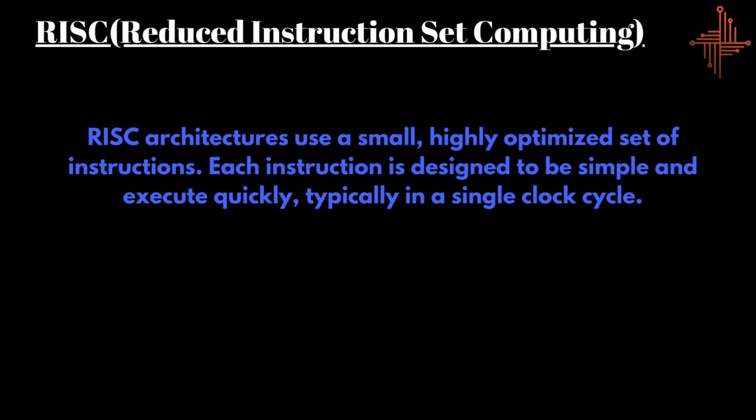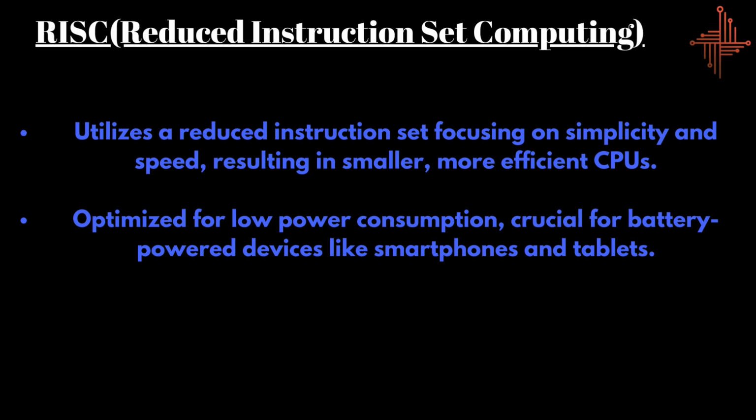Now let's talk about RISC, or Reduced Instruction Set Computing. When this architecture came into the picture, this is when the older architecture was named Complex Instruction Set Computing. Because now RISC uses a small and highly optimized set of instructions. So you break heavier tasks into simpler operations, and each operation will execute and do the work for you.